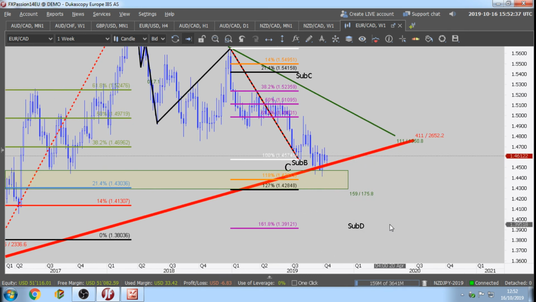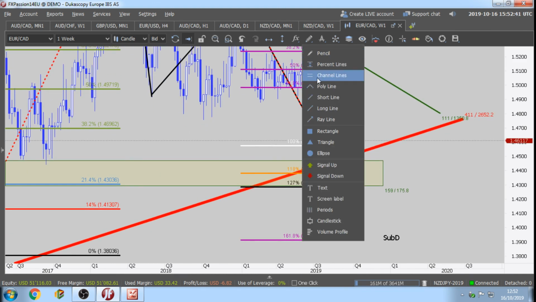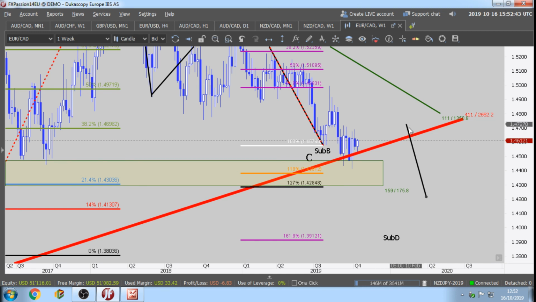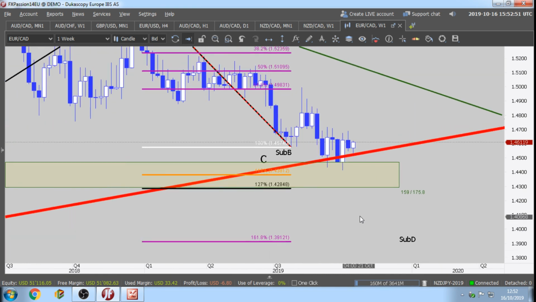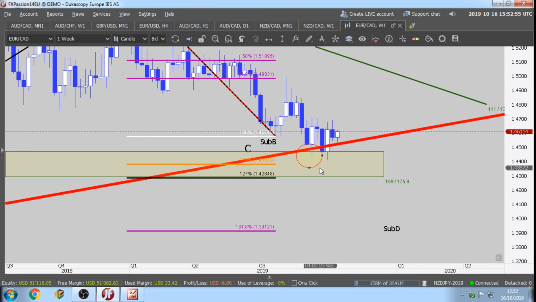Right? Now, good point, bad point. This is the reason for me to enter into a long trade. I have other reasons. I have here a bullish candlestick formation, and not on the weekly but on the daily. I have what is called a double bottom, which is another powerful indicator.